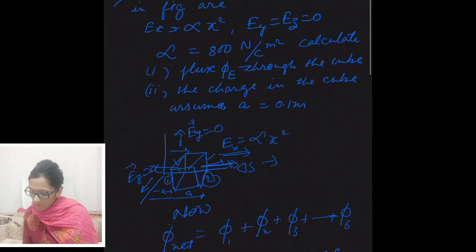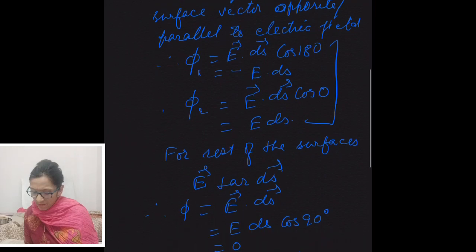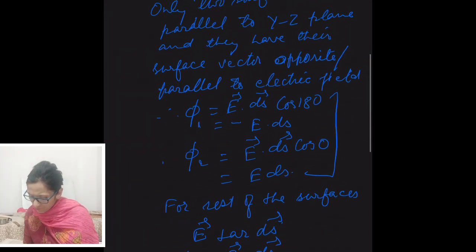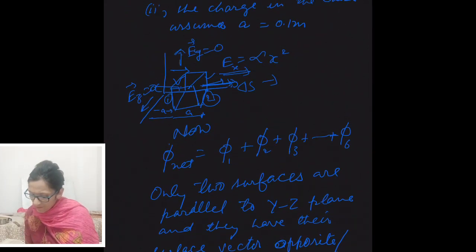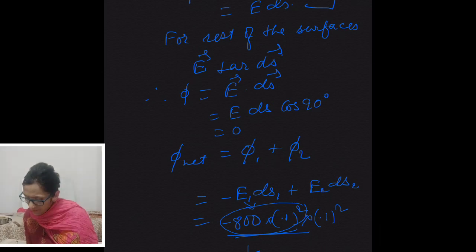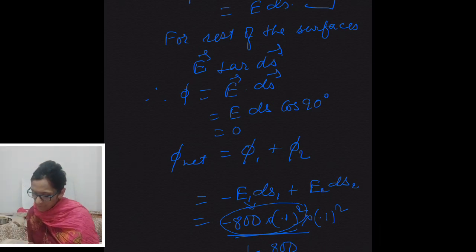Because E is equal to alpha x square, and alpha x is equal to a, and a is equal to 0.1, this quantity is only E. In place of ds, the surface area over here, a is equal to 0.1, so surface area is equal to 0.1 whole square.